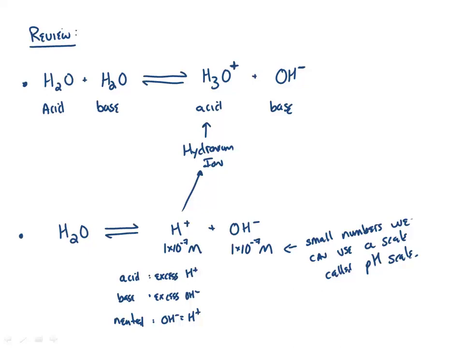So it's the same thing with the pH scale. What we're really doing is saying that the pH is equal to minus the log of the H plus concentration. And correspondingly, the pOH is minus the log of the OH minus concentration.